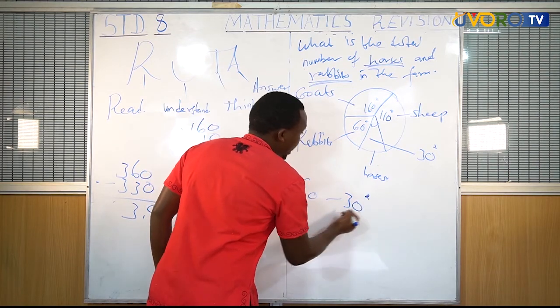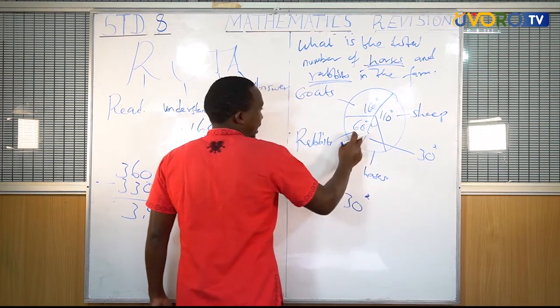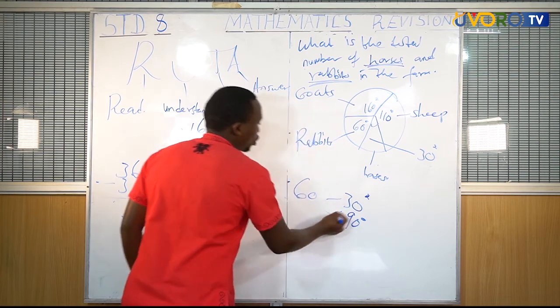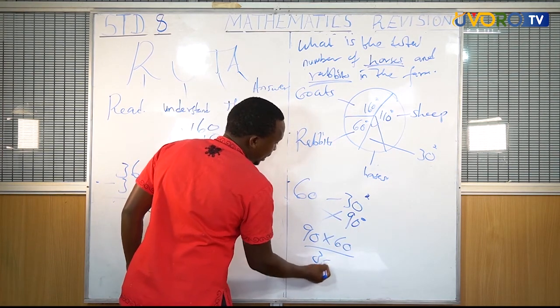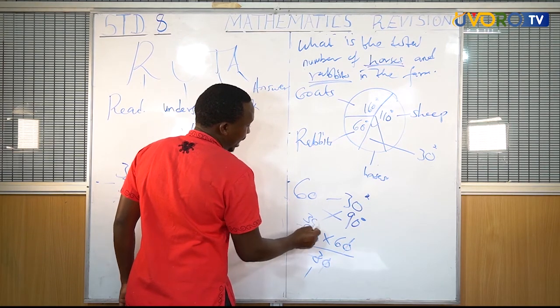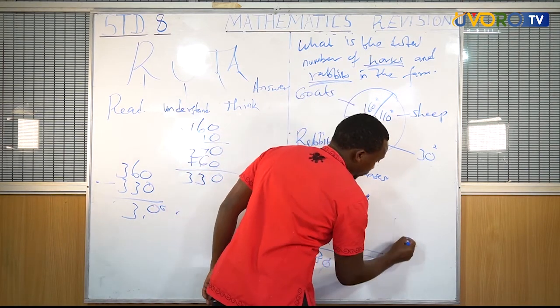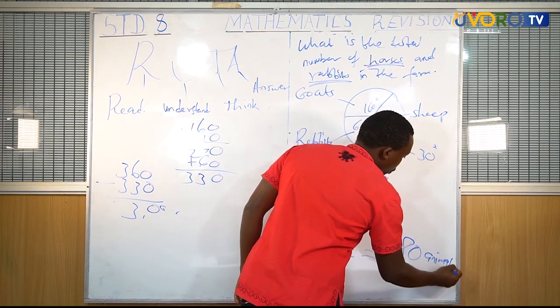So, 60 animals equals 30 degrees. What about 30 plus 60, which is 90 degrees? You just cross multiply. 90 times 60 over 30. 30 times 6 will give you 180 animals.